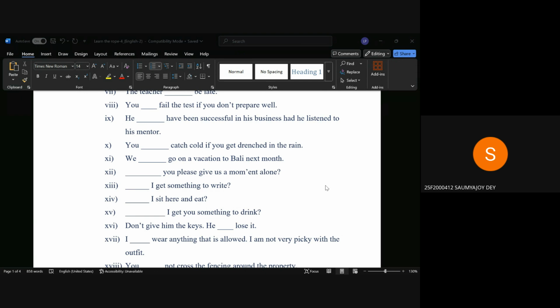Is might rather formal in this case? No, there are no degree variations of formality here. They're all equally replaceable, but the more commonly found modal verb in hypothetical conditions is would. People would prefer using would over the other two, but could and might are also acceptable these days. So would, could, might, all of them can fit in this one.